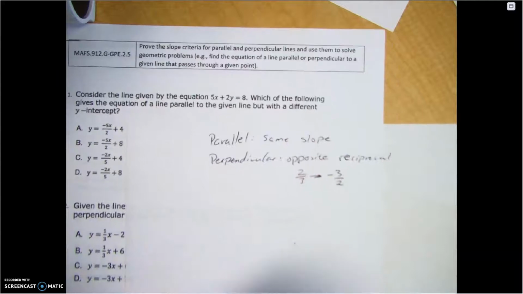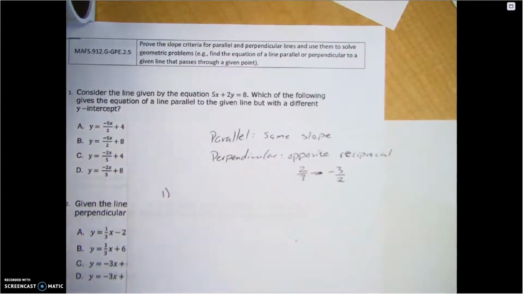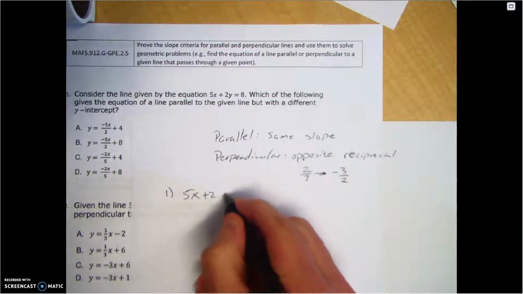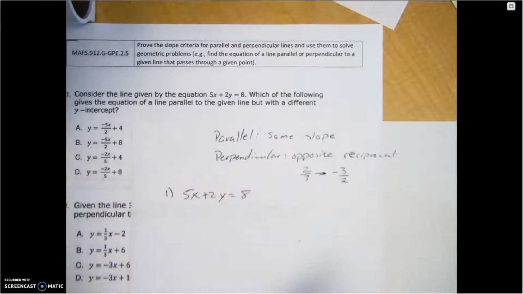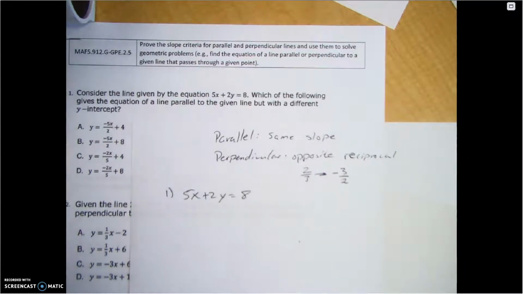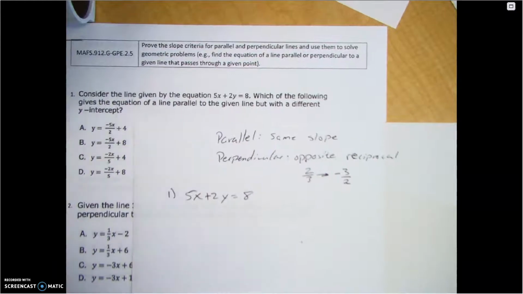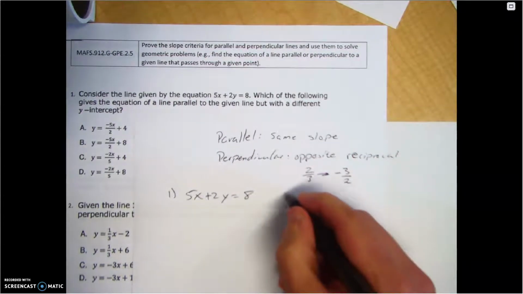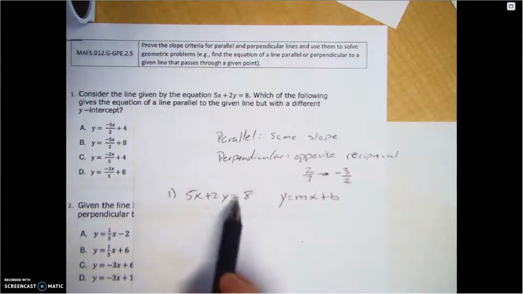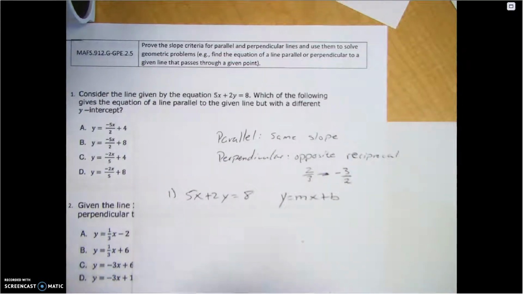So let's look at problem number 1. Number 1 says, consider the line of given equation 5x plus 2y equals 8. Which of the following gives an equation of a line parallel with different y-intercept? So if you look over at our answer choices, all of our answer choices are in y equals mx plus b. So I want to get this equation into y equals mx plus b.